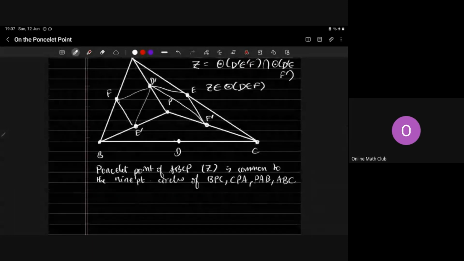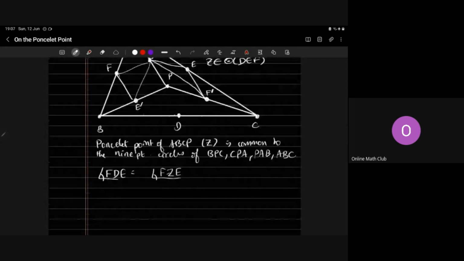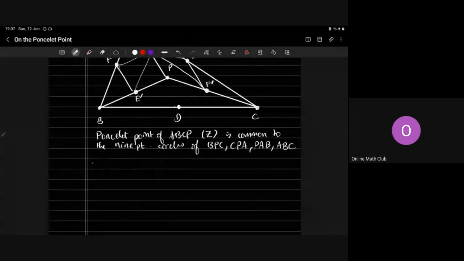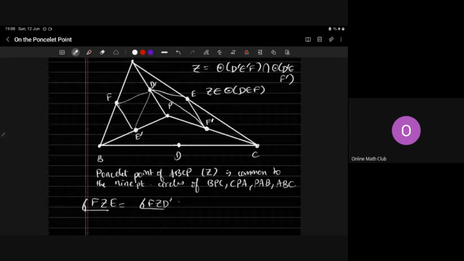So it's just angle chasing. We need to show that angle FDE equals angle FZE. For this, I'll start with this FZE and split it into FZD prime plus angle D prime ZE.